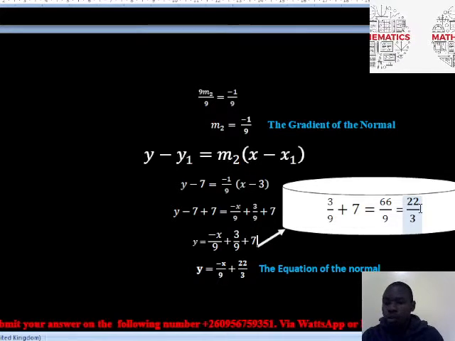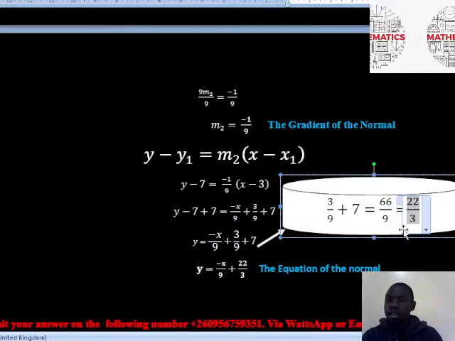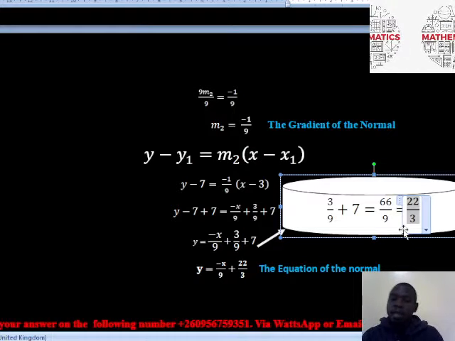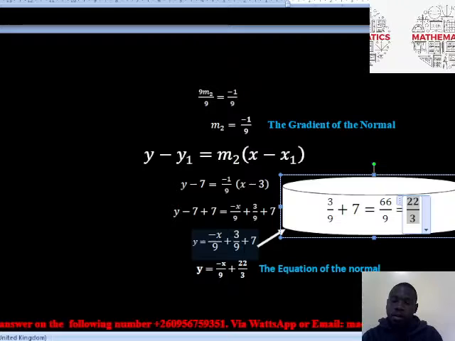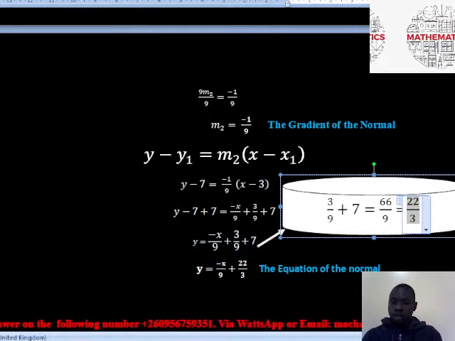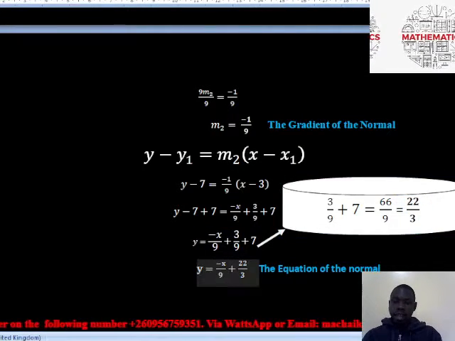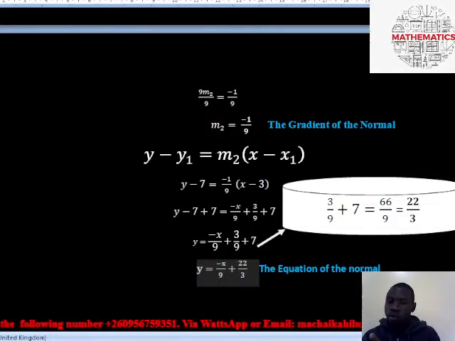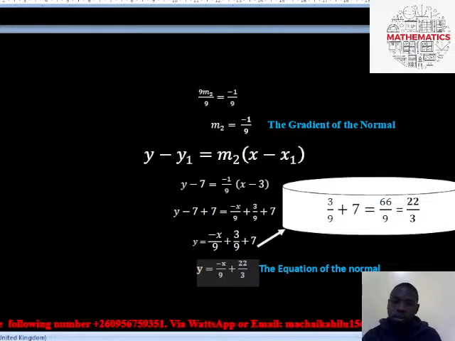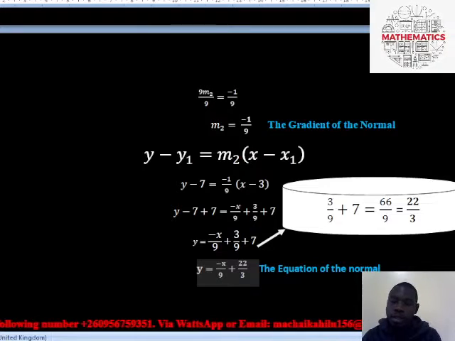So we are going to get 22 over 3 and put it where there is 3 over 9 plus 7.